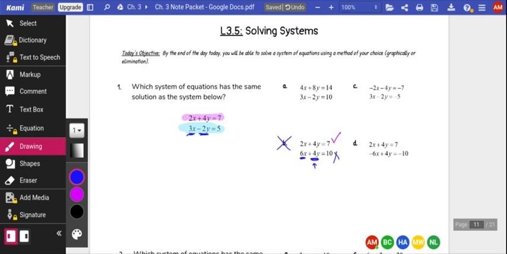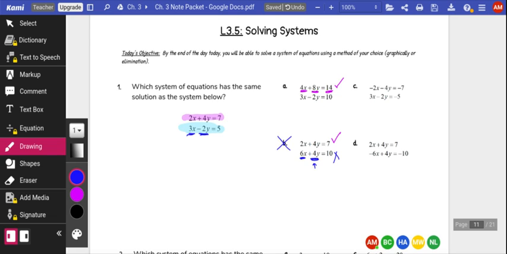Let's go up to A because we skipped A before. Let's check to see if everything in the first equation was multiplied by the same number. 2x to 4x, everything was multiplied by 2. 4y times 2 is 8y. And 7 times 2 is 14. So that is good. That's not the same equation, but it's an equivalent equation.